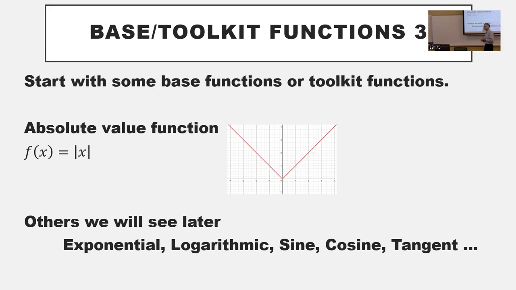F of x is equal to the absolute value of x. You get a v where the point to that v is the origin. When you graph that, it looks like 2 line segments emanating from the origin, one moving up to the right, one moving up to the left. Okay.